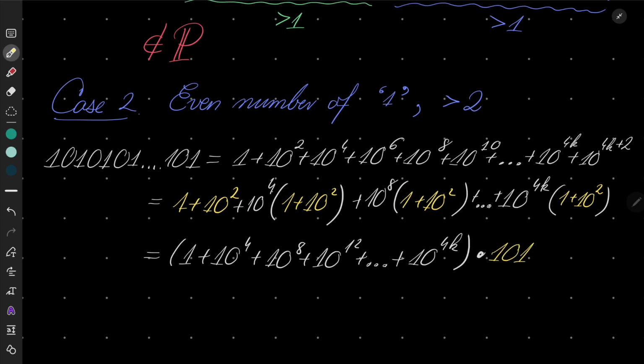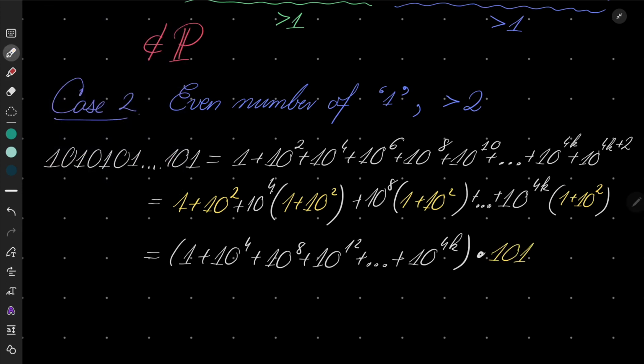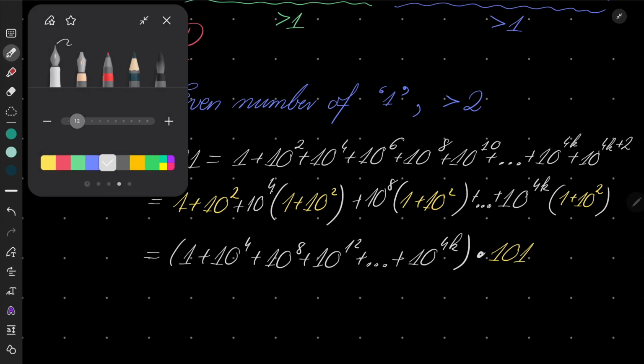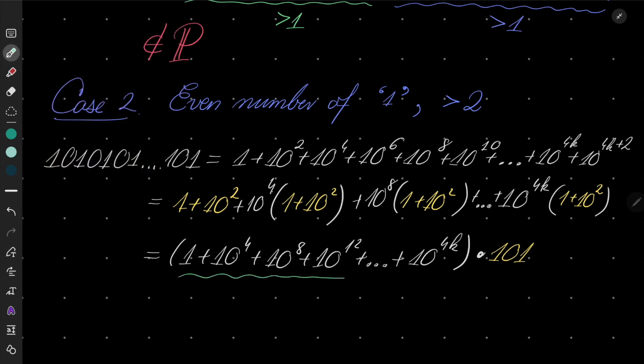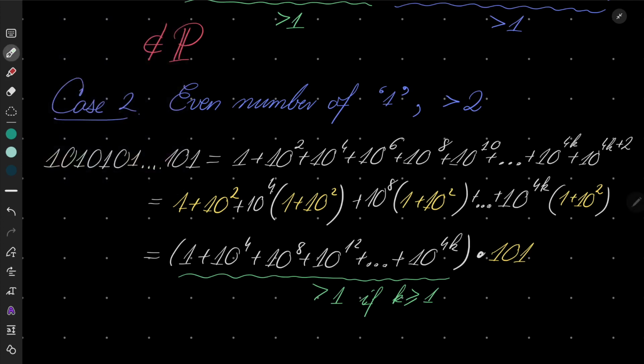Okay, and now, since we have more than 2 digits 1, this first number is definitely greater than 1 if k is greater than or equal 1. So if we have 4 ones or 6 ones and so on. So this number cannot be a prime either.